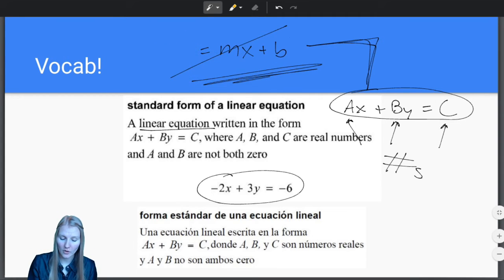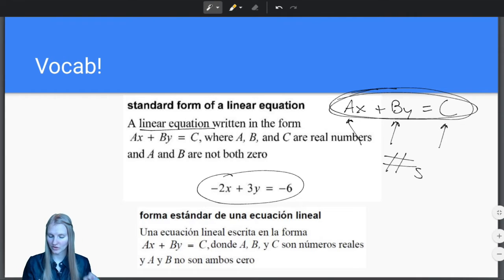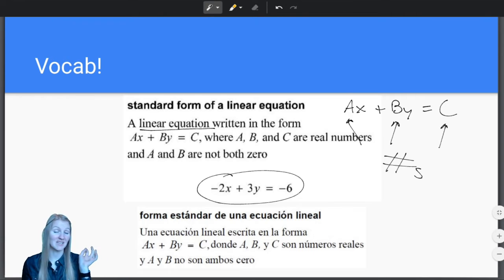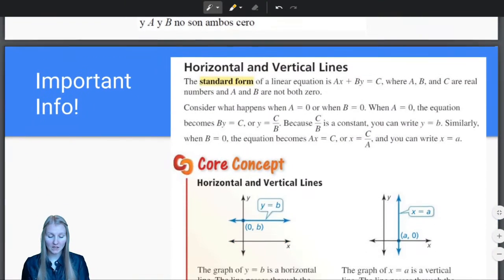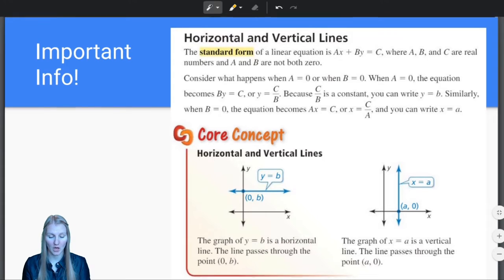Today, we are focusing on standard form, ax plus by equals c. This form can be very helpful for graphing, and you're going to see how in a couple examples. But first, we're going to talk about something a little bit simpler. We're going to start simple and we're going to get a little bit harder as the video goes on.